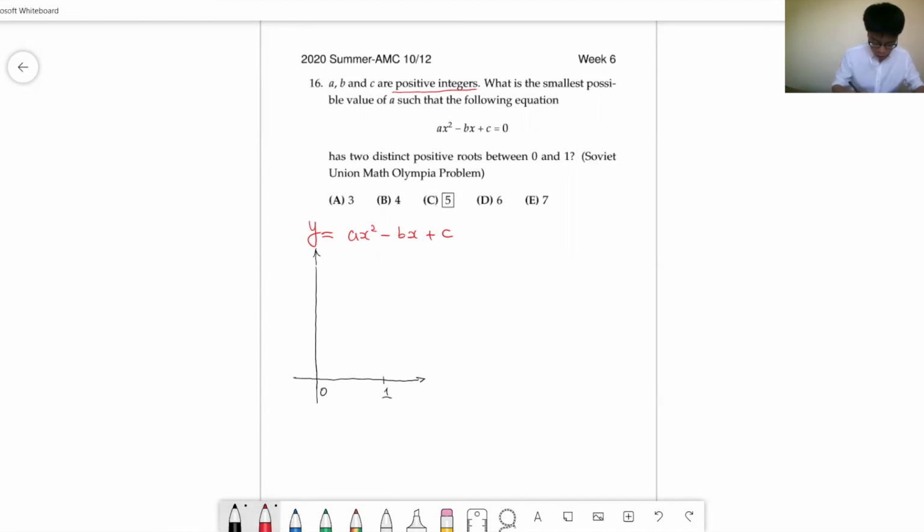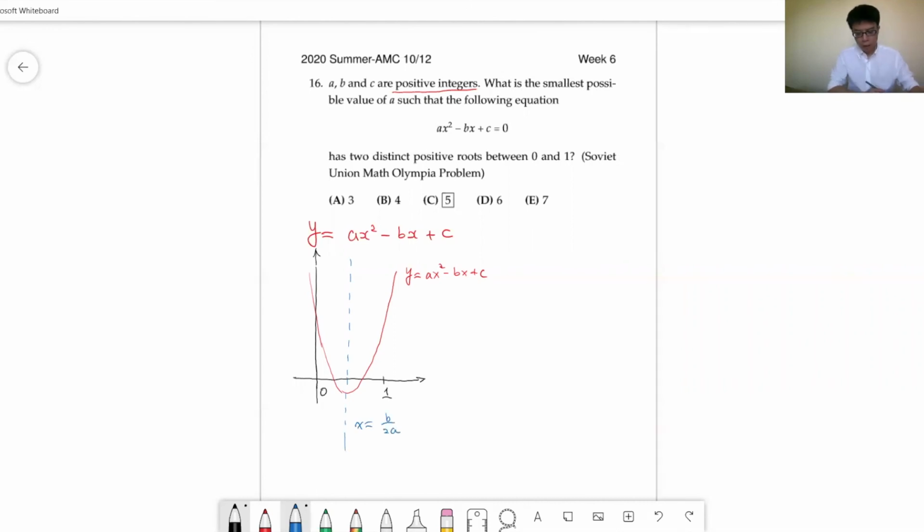So the picture has to be something like the following. This is y equals ax squared minus bx plus c, and we know the axis of symmetry is between 0 and 1. This line is x equals b over 2a.